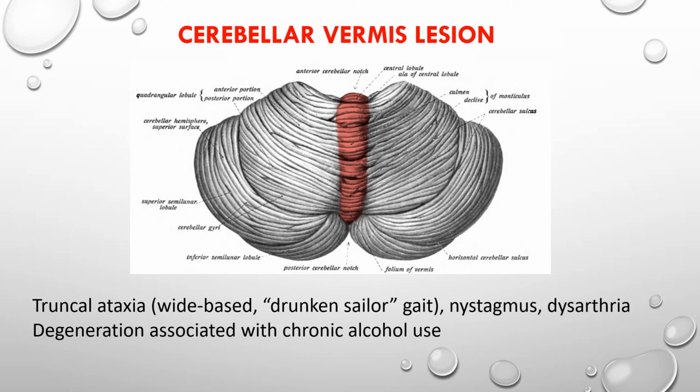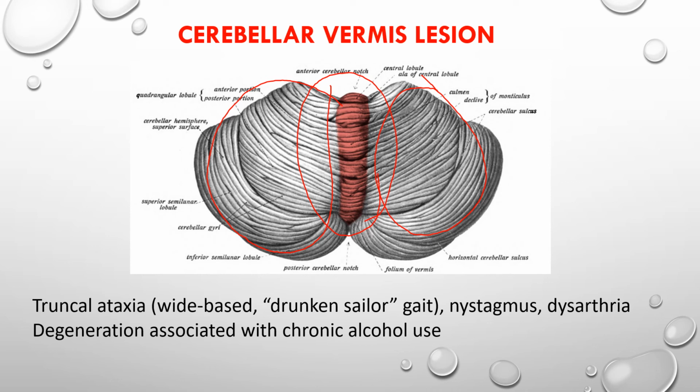Now let us start with cerebellar vermis lesion. In the previous slide, we have studied the cerebellar hemispheres lesion. Now, this slide will be about the cerebellar vermis lesion. In this picture, we can see that the cerebellar hemispheres are laterally located, whereas the vermis is centrally located.